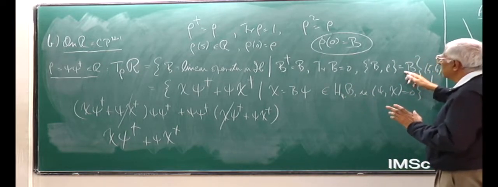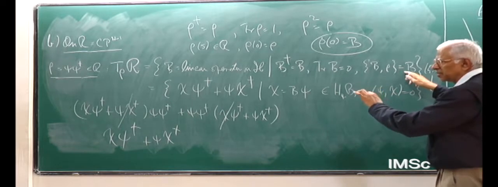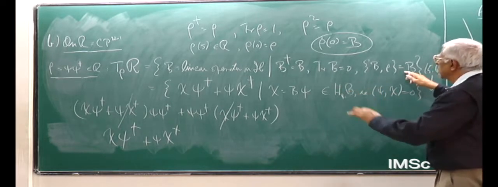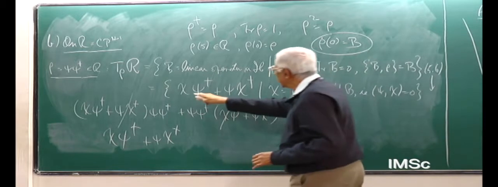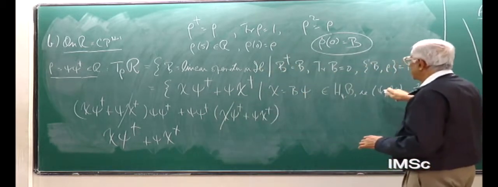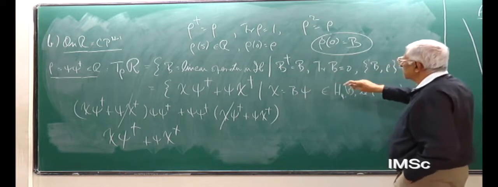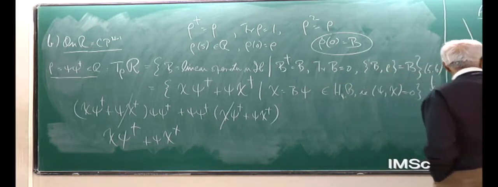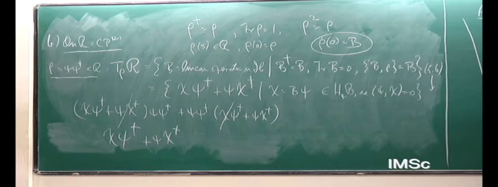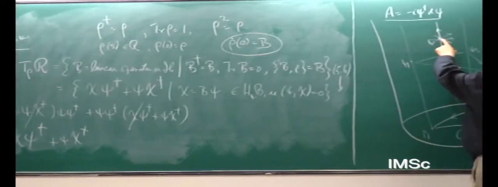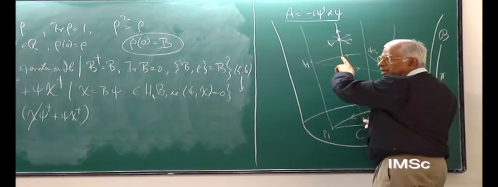This is the condition where rho becomes relevant. Where are you in ray space? And I'm claiming that here is the most general expression for each such B. So every tangent to R at rho corresponds in this way, in a unique way, to some vector chi orthogonal to psi.